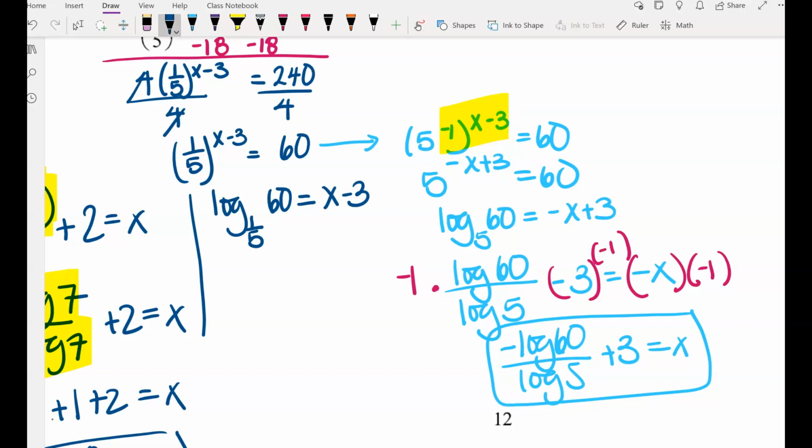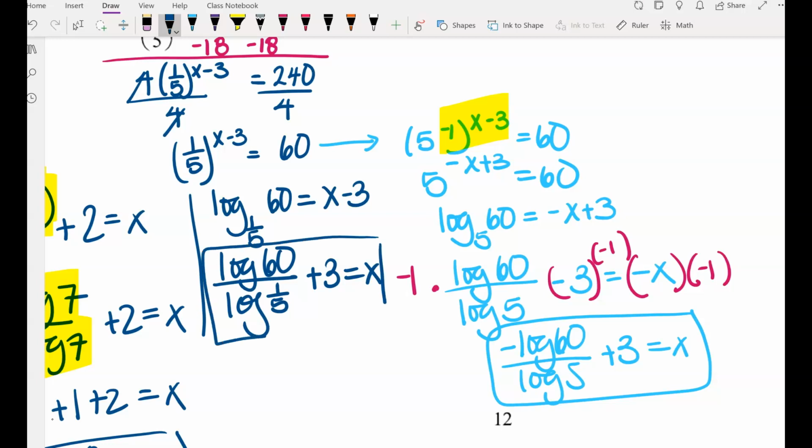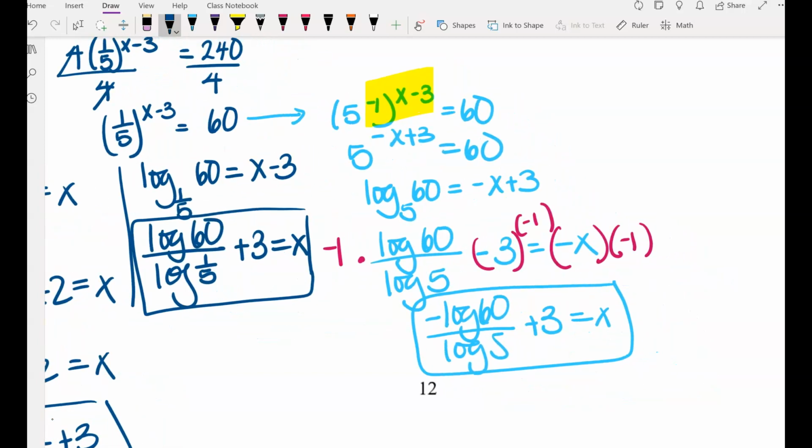Now over here with the darker blue, the change of base is log of 60 divided by log of 1/5, and then plus 3 equals x. So that's my exact over here, and technically we can do a bit more, but right now let's use your calculator.